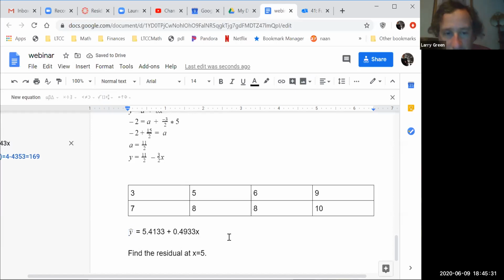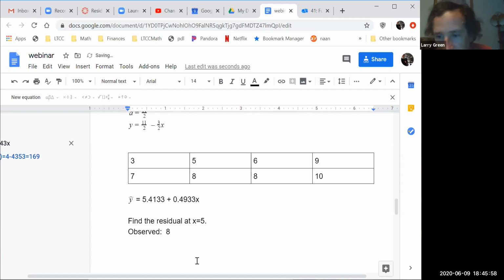So you want to find the residual at x equals 5. What is the observed value? That's the hint, it is very easy. What's the observed value here when x is 5? Yeah, it's 8, because if x is 5, y is 8. Then what is the y hat value, or the expected?